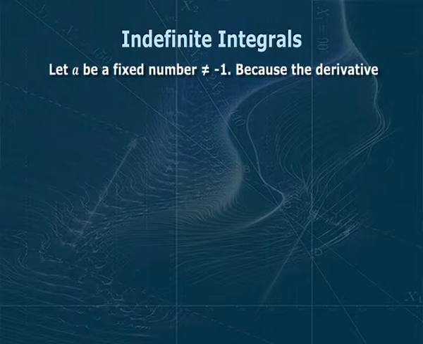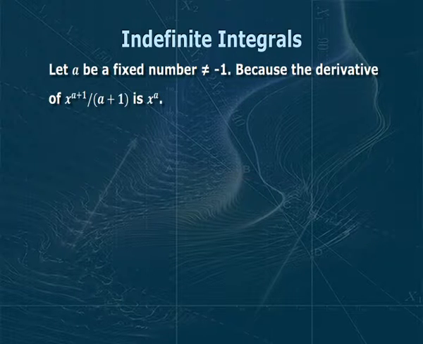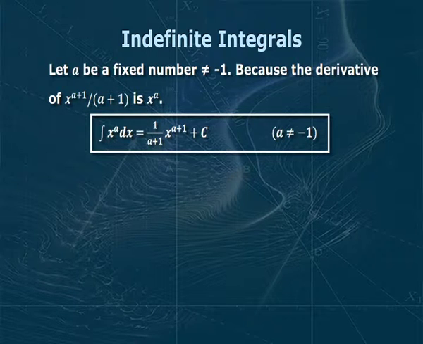Let a be a fixed number which is not equal to minus 1, because the derivative of x raised to power a plus 1 divided by a plus 1 is x raised to power a. Integration of x raised to power a dx is equal to 1 by a plus 1 whole into x raised to power a plus 1 plus c, where a is not equal to minus 1.